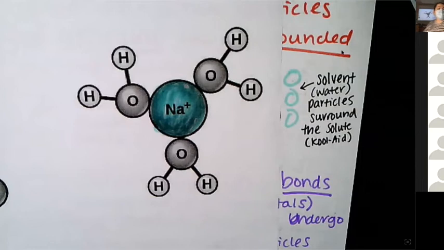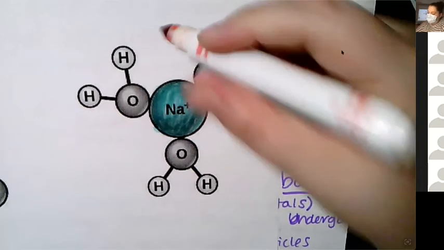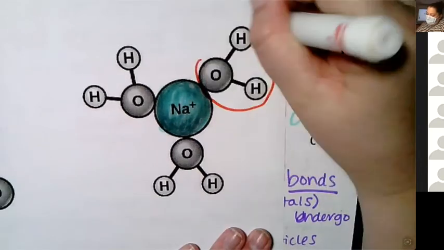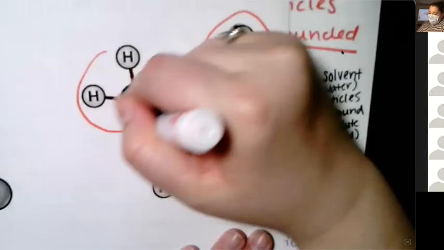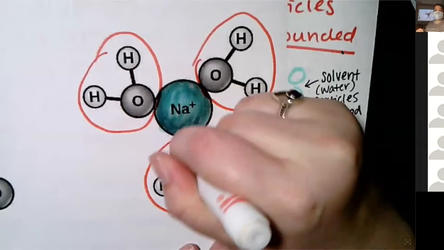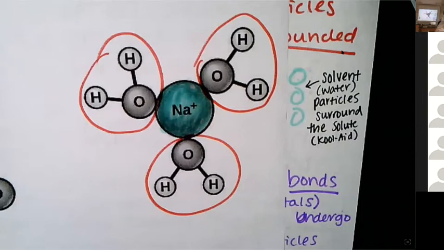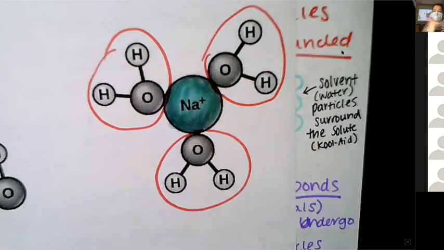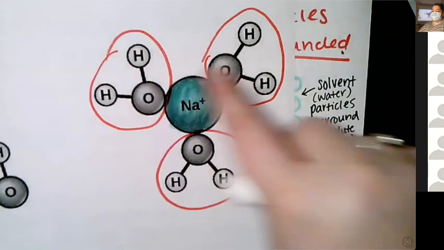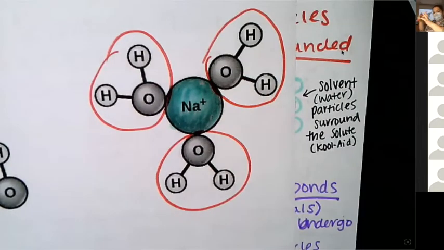Each one of these guys out here, that's water. So what's happening here is that the water will surround whatever the particle is, like the solute, whatever you're dissolving, okay? So that's what solvation is, just where the water, usually water, surrounds the molecules and kind of carries them away.